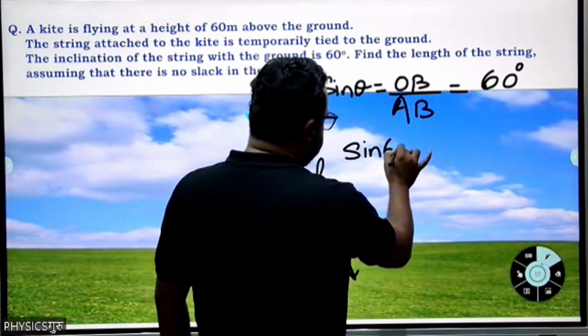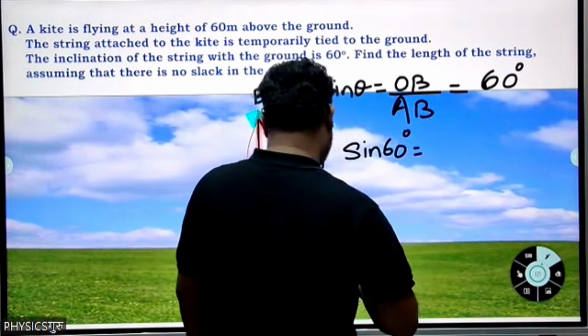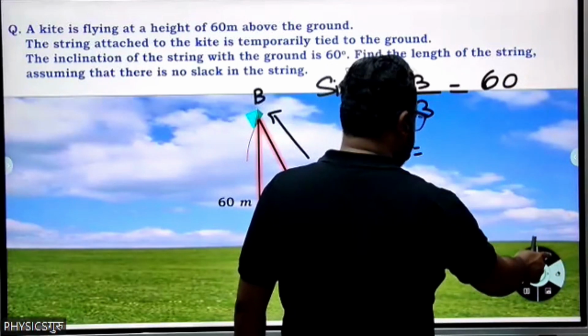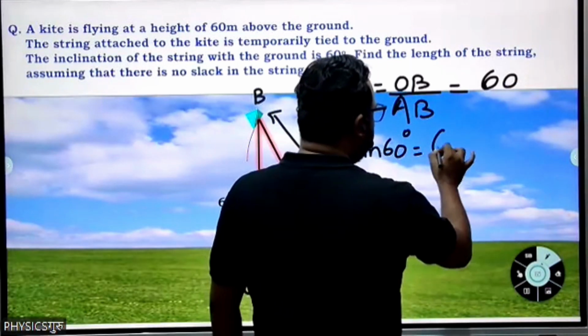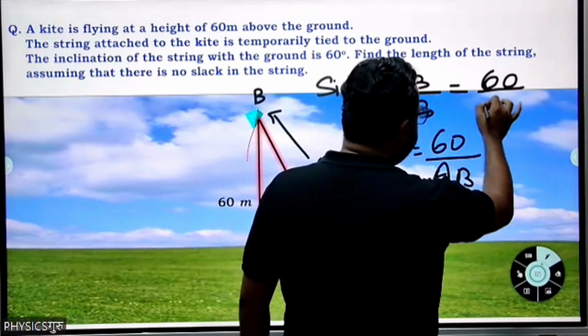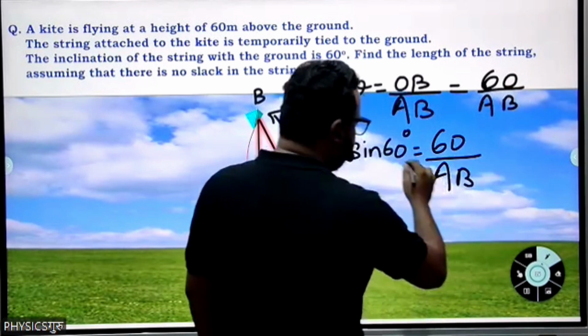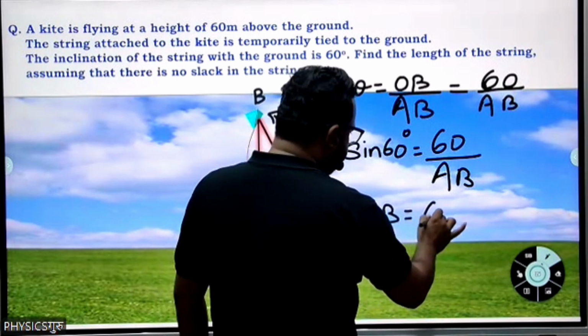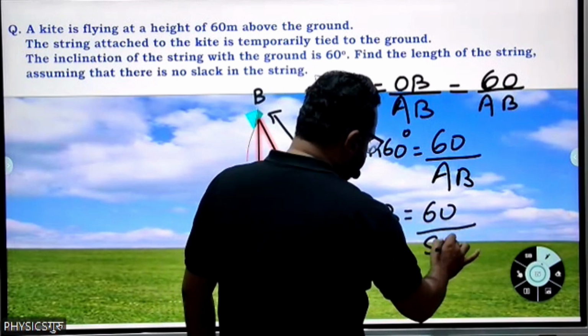So sine 60 degrees is equal to 60 over AB. So AB is equal to 60 over sine 60.